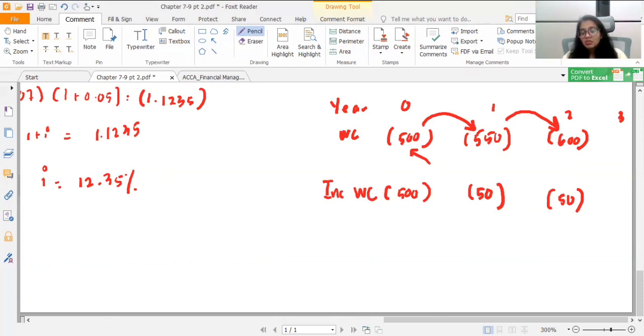Now, in working capital, you have one more assumption that you make, which states that at the end of the period, you will be able to recoup all the investments that you have made in working capital in the form of profit. So, to give you an example, let's say you invested in working capital.